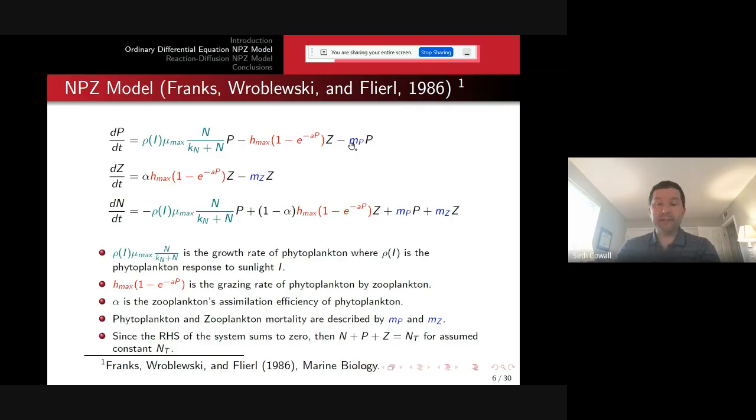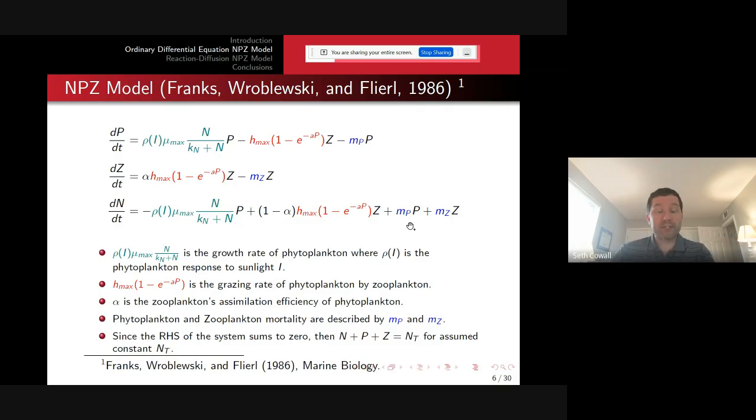But dead plankton, when they decompose, go through a process called remineralization, where they become suitable for phytoplankton to consume again, and some of them can be recycled back into the system as nutrients, for those that don't sink to the bottom of the ocean.